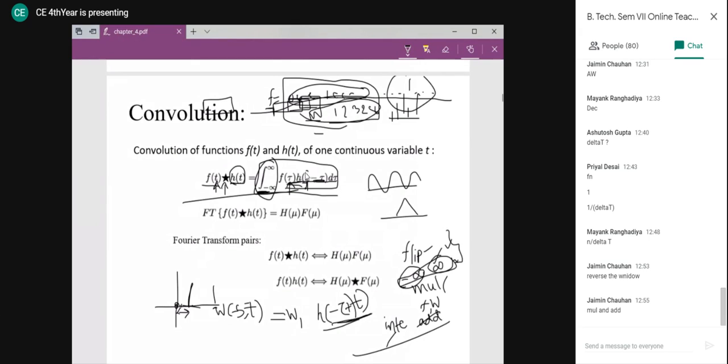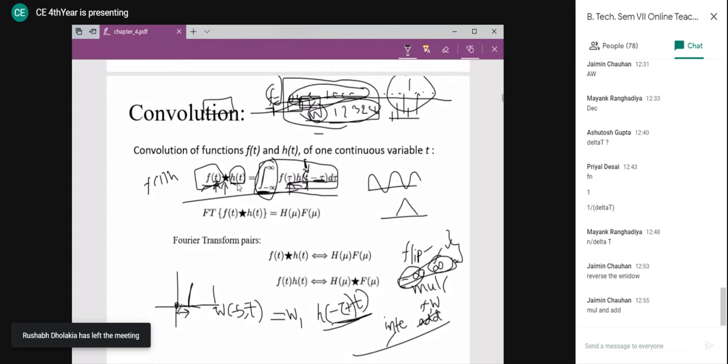So that's why this shift must be limited by the existence of f and w. T is nothing but the variable of my function here. It indicates that I am checking the value at location t. If I am checking for location 1, then the convolution of f1 with h1 will be located at 1, shifted by 1. That is what the meaning is.